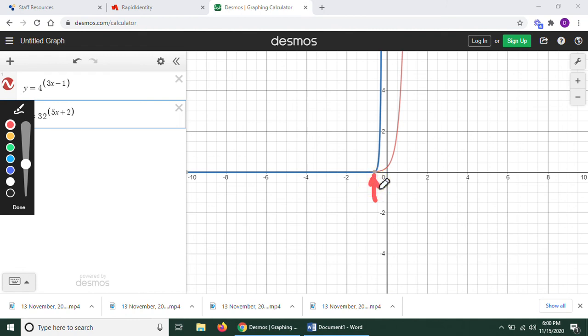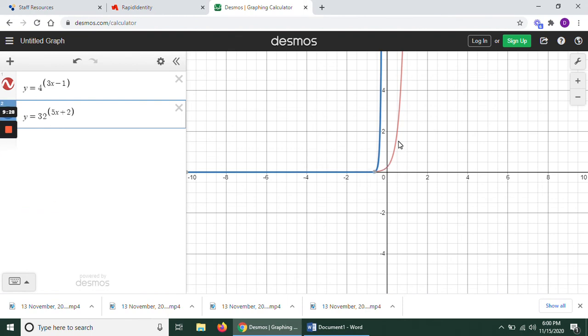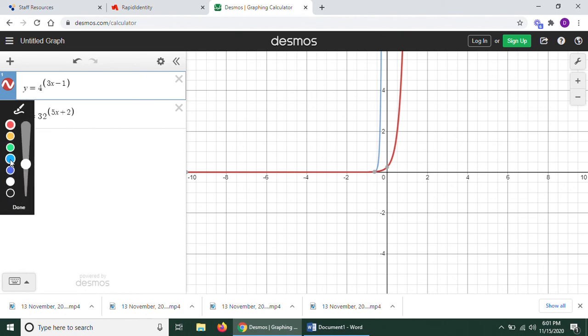Or I can click on the red graph, but we see 2 points. We are not going to click on that point, because this point is not a point of intersection.